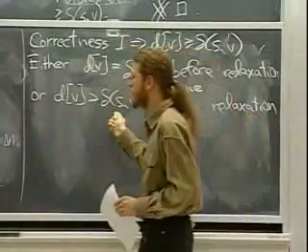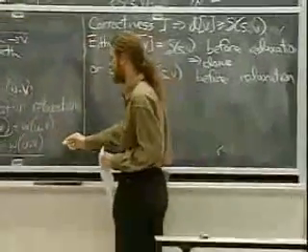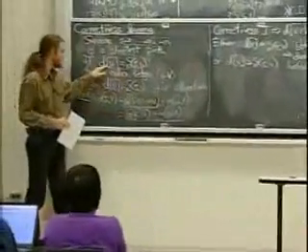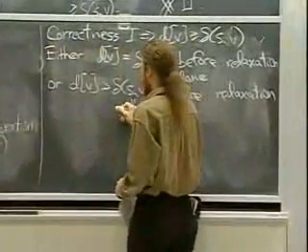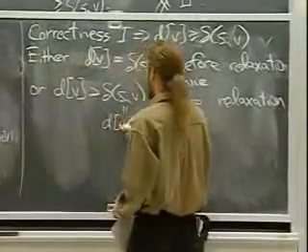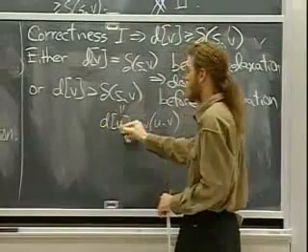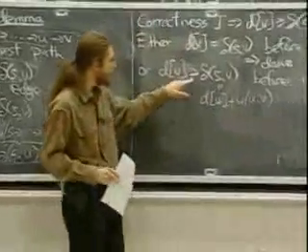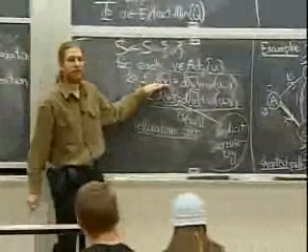The point is, we know this delta of s comma v. It is this sum. So we plug these in: delta of s comma u we know is d of u, and we have this w of u comma v. So delta of s comma v is d of u plus w of uv, because we're assuming we have this shortest path structure where you go from s to u and then follow the edge uv. So we know d of v is greater than d of u plus w of uv. By golly, that's the condition in relaxation.